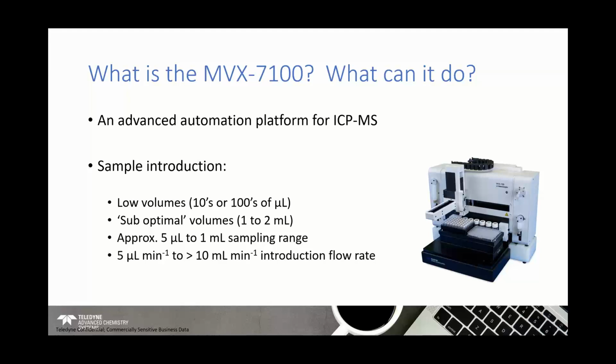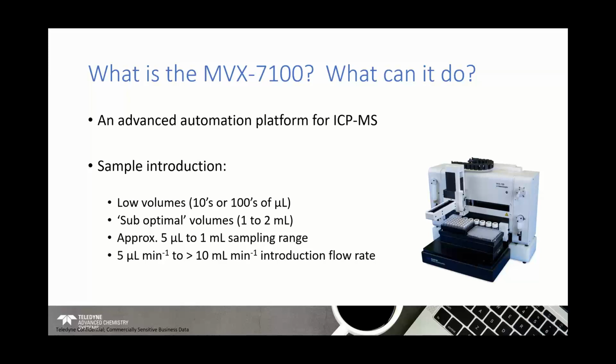And as of yesterday, I introduced reproducibly 1 microliter aliquots into a chromatography system. So physically, it is capable of handling very, very low sample volumes for introduction. So that's volume of sample itself.